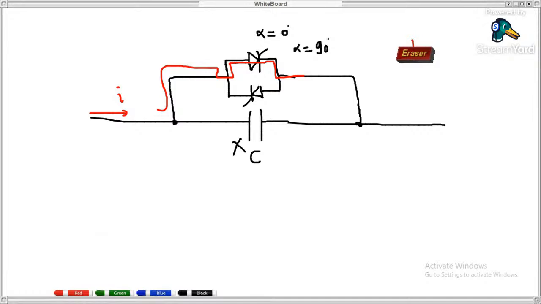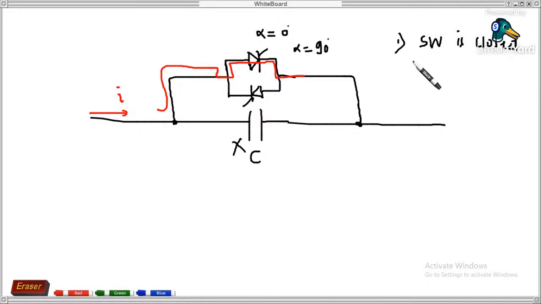Point number one, when SW is closed, based on this I am going to draw the waveform. When SW is closed, the voltage across the capacitor is zero. Right? Now, can anyone tell?